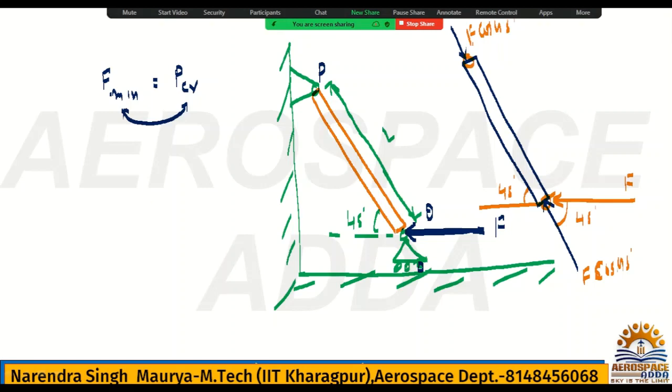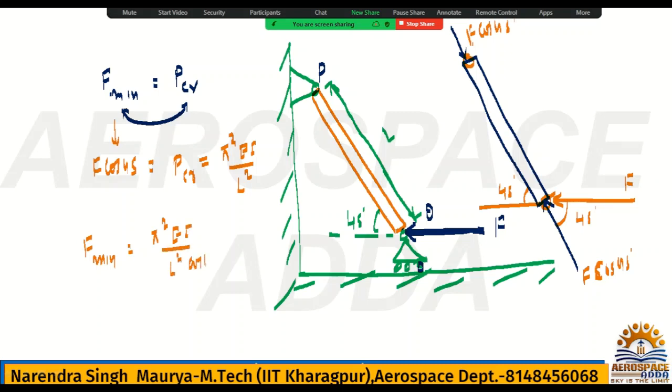Now what is the minimum loading required? F minimum: F cos 45 is equal to PCR. That's all. What is the PCR for both ends hinged? It is pi square EI by L square. Now just solve it. What is F min? It's pi square EI by L square divided by cos 45.